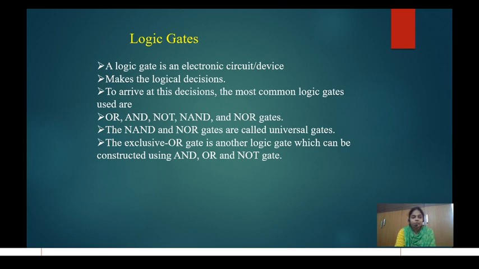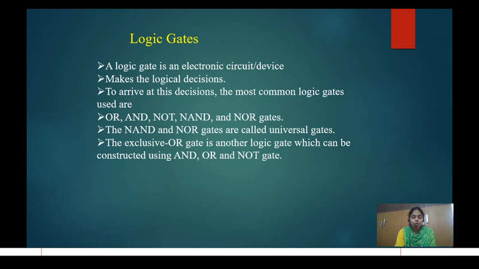AND, OR and NOT are called basic gates. NAND and NOR gates are called universal gates. Why are these called universal gates? Because by using these gates we can implement any other basic gates. That's why they are called universal gates.